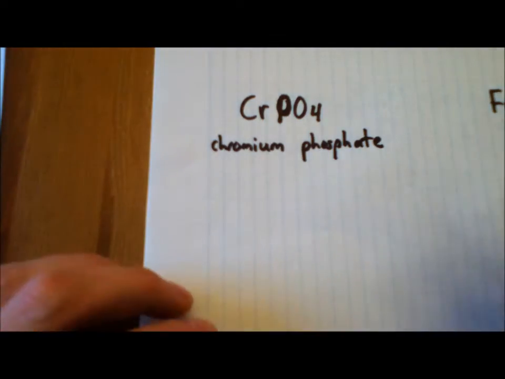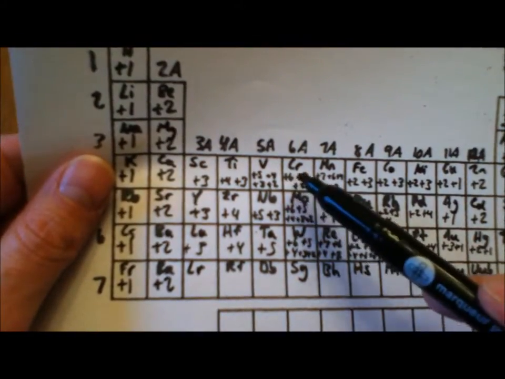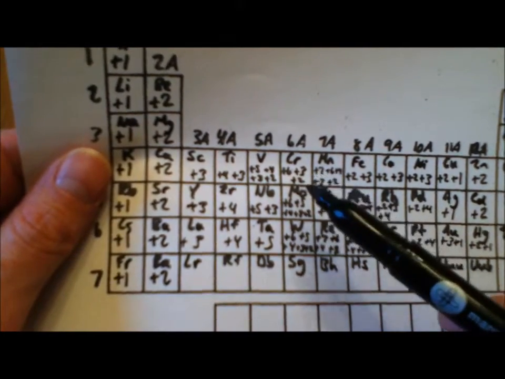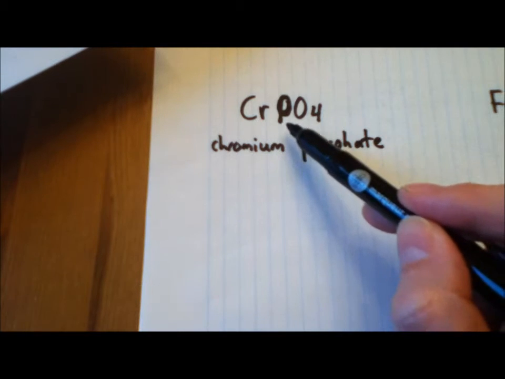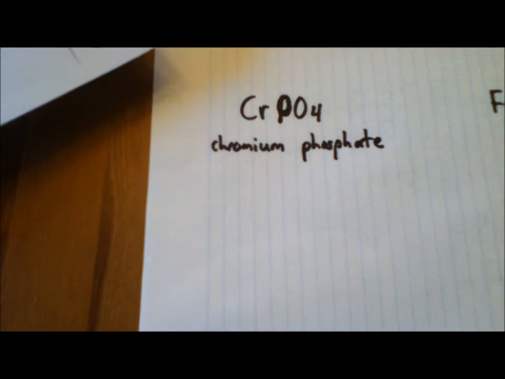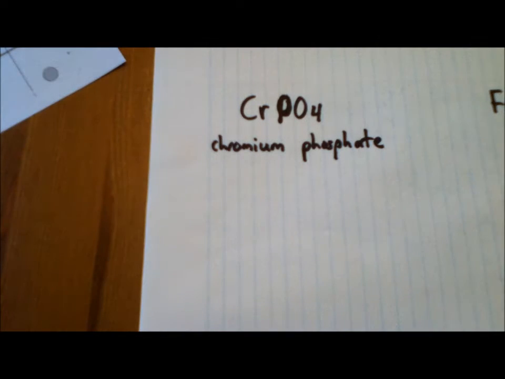Then we note that chromium gets multiple charges. Look at chromium. It can be positive 6, positive 3, or positive 2. Which one is it here? And so we have to write in our name in Roman numerals what that actually is, and we have to go through a process of figuring that out. So, like in the previous videos, you have to reverse the crisscross.